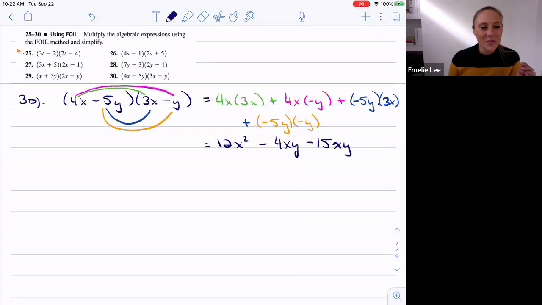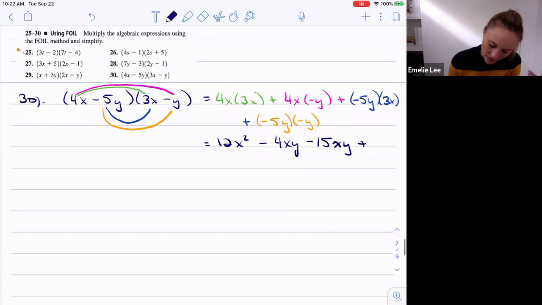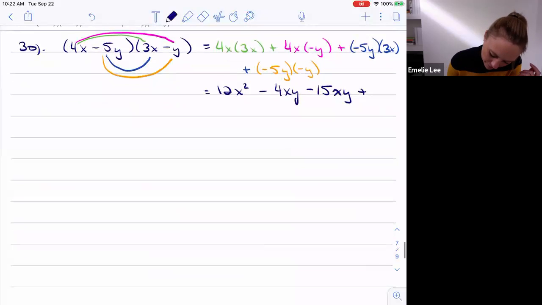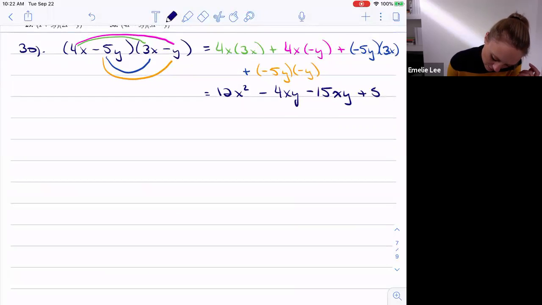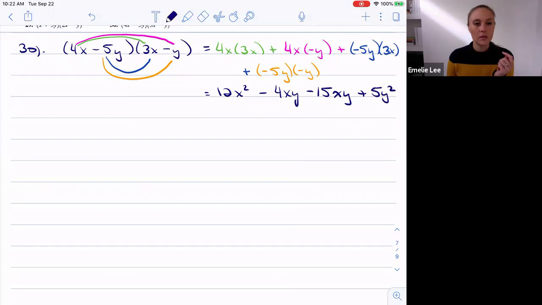And then the same idea, I've got negative 5y times negative y. So a negative times a negative makes a positive. So I've got positive 5y squared. And that's because I've got the same base, so I'm able to combine those exponents, right? So plus 5y squared. Okay.